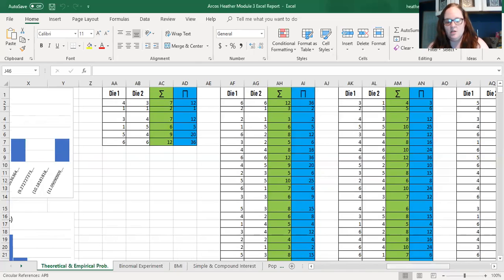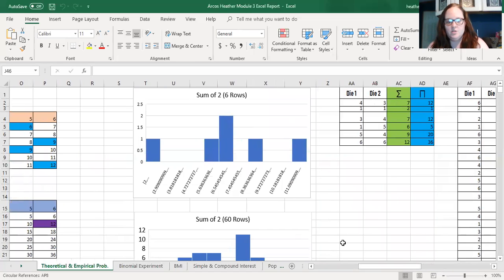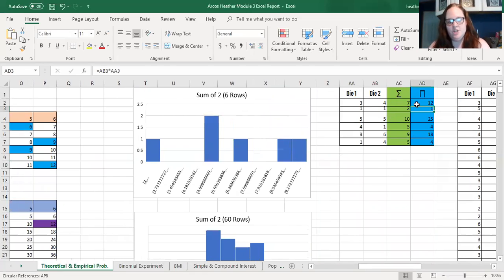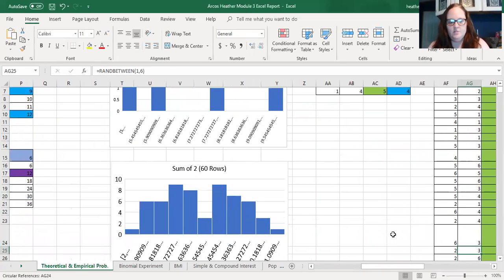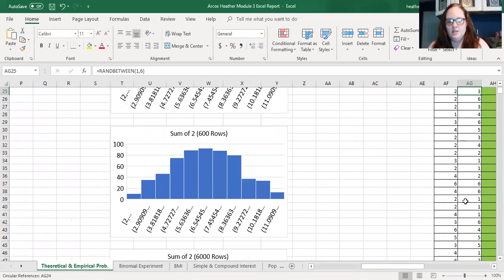Let's look at our charts. So these are our sum of 2 with the 6 rows on this chart right here. On that, push enter, you see it changes. Then on 60, 600, find my chart.